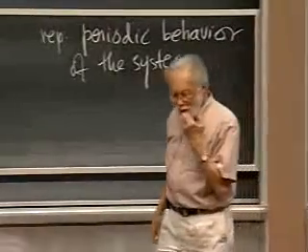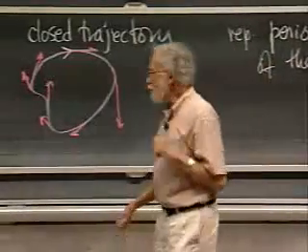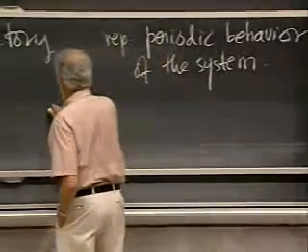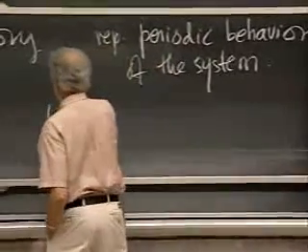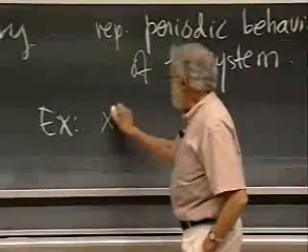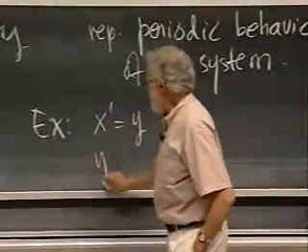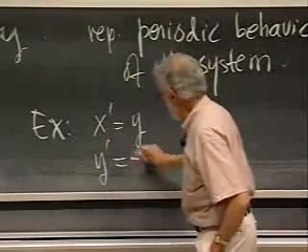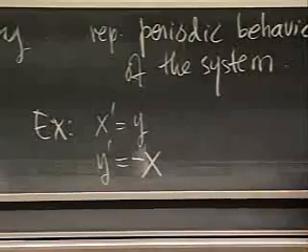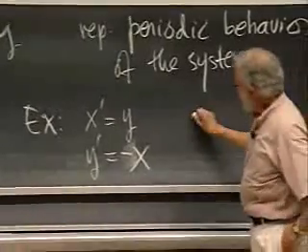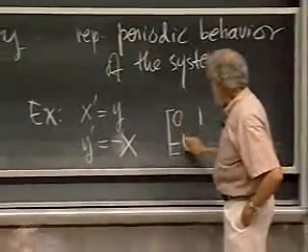Now, we've seen an example of that, a simple example, of this simple system: x prime equals y, y prime equals negative x. We can write down the solutions directly, but if you want to do eigenvalues and eigenvectors, the matrix will look like this.